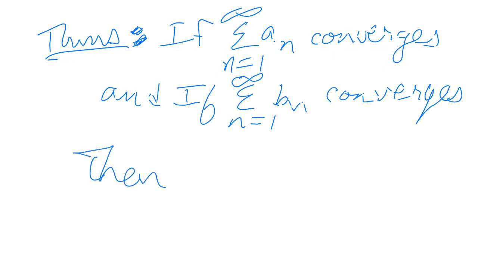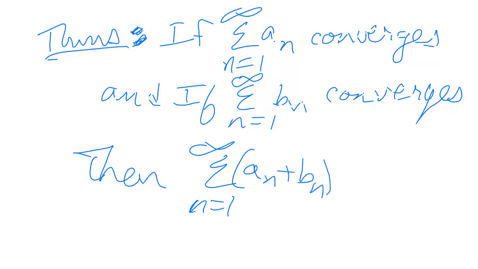Then the sigma of the sum n equals 1 to infinity of a sub n plus b sub n, also, if I add them up as I go, each part, this is also going to converge. So this converges as well.